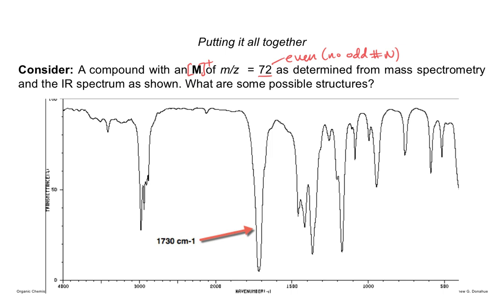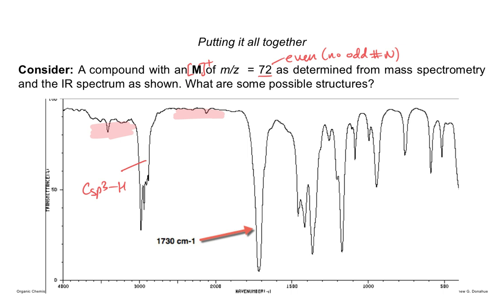We don't really see anything indicative of an OH or an NH bond in this region here. So that will eliminate some functional groups for us. This is your standard Csp3-H stretching. Region 2, we don't see any triple bond stretching.